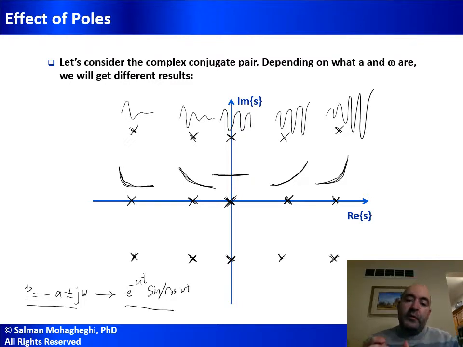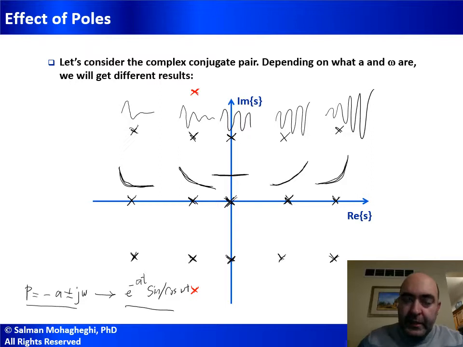What if I move away from the real axis? Up until now, I've been talking about moving to the right or to the left of the j omega axis. Let's say I move a little bit up. Let me use a different color and imagine my new poles now are somewhere here.